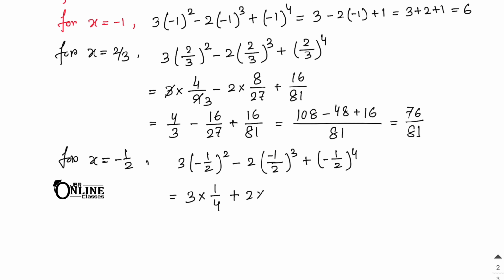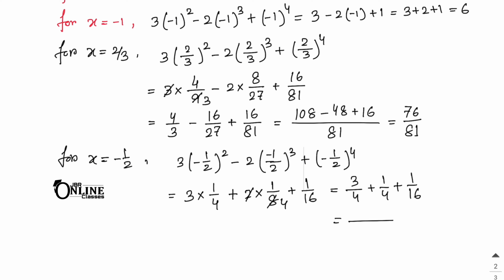So here 2 into 1 by 8, and the last one 1 by 16. So it will be 3 by 4 plus 1 by 4 plus 1 by 16. So 16 is the LCM. It will be 12, then 4, and then 1. So it will be 17 by 16, your final answer.